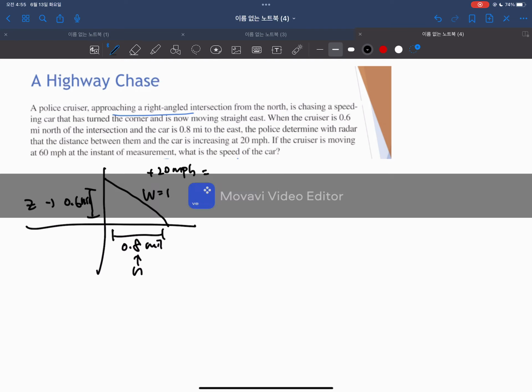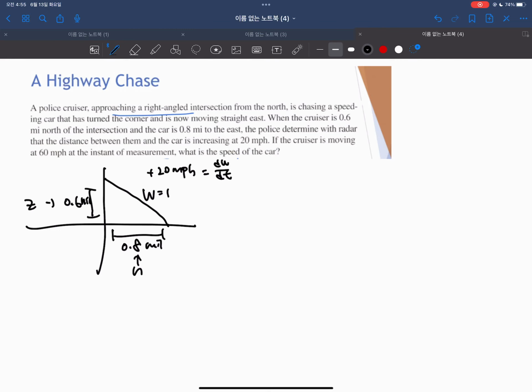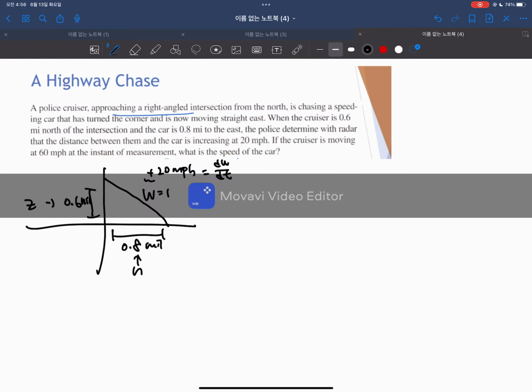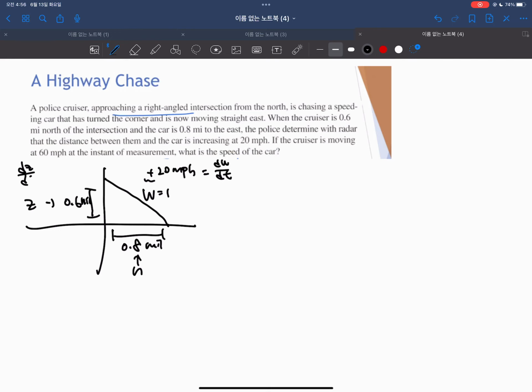This will be dw over dt, because it is distance over time, so it will be a positive speed. The cruiser is moving at 60 miles per hour at the instant of measurement, so this is going to be calculated as negative. So dz over dt will be negative 60 miles per hour.